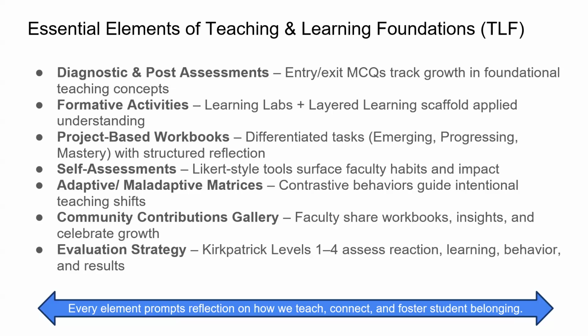If they're already at mastery, it might be something more rigorous to get them even further. We have self-assessments, and they are Likert tools that surface personal habits and impact. We also have something called adaptive and maladaptive matrices, and it shows you what behavior is ideal in the classroom with students as well as what behaviors would not be ideal.